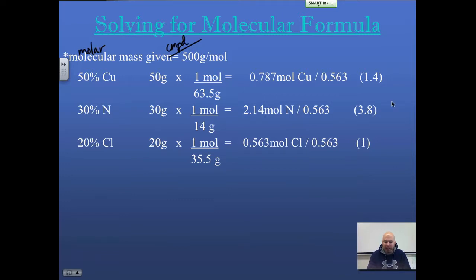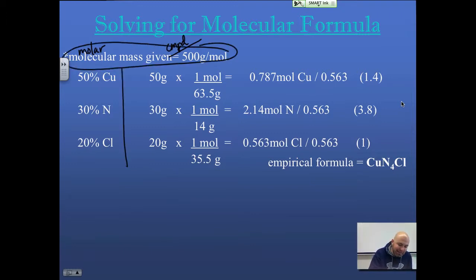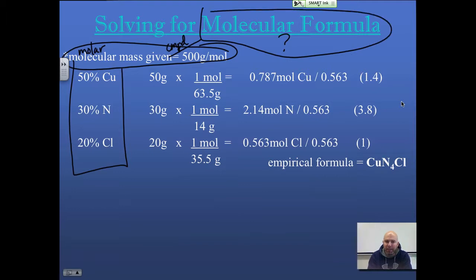So in this case, if I give you only the molecular mass and the percent composition of each, so I want to know the molecular formula if you have 50% copper, 30% nitrogen, 20% chlorine, and the molecular mass is 500 grams.